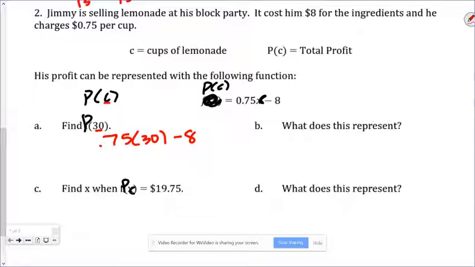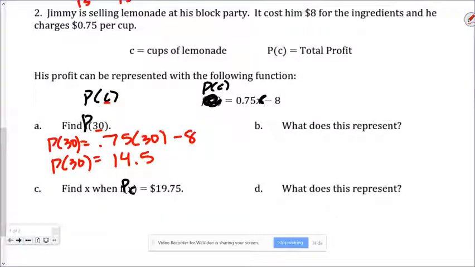That's 30 is the value we're plugging in for X. Okay, so on the right side here, I'm just going to multiply this out, 0.75 times 30 minus 8, so you should get 14.5. And that's equal to P of 30. Remember, P of 30 is just our notation. Instead of Y, we're using that new function notation.